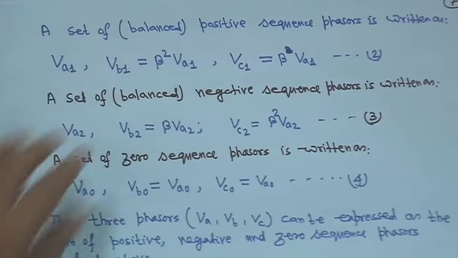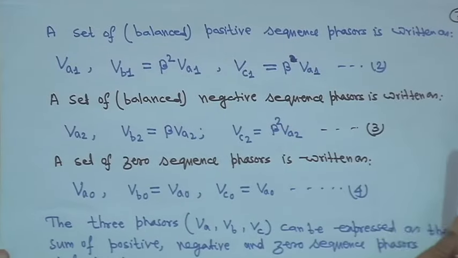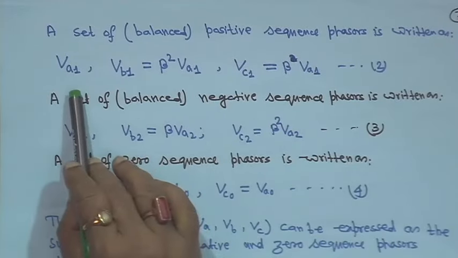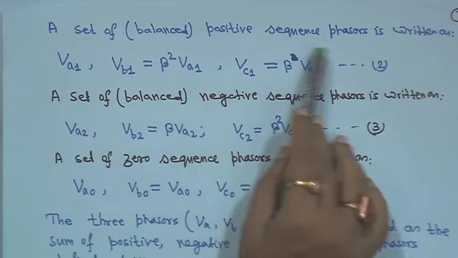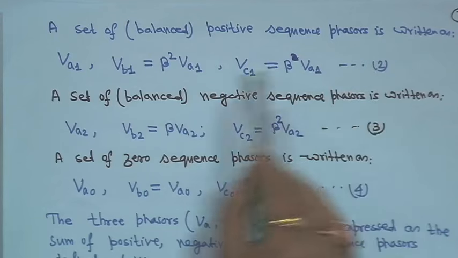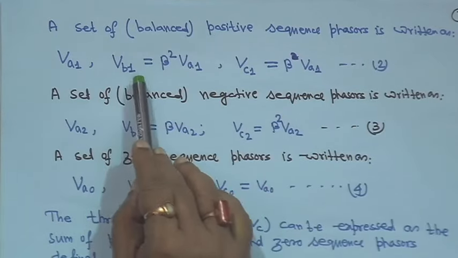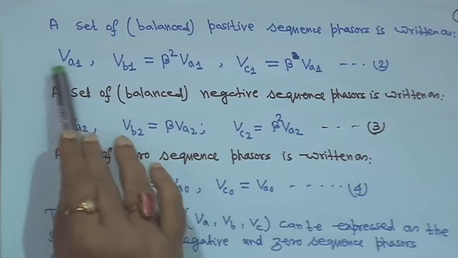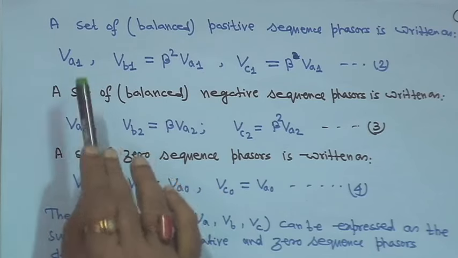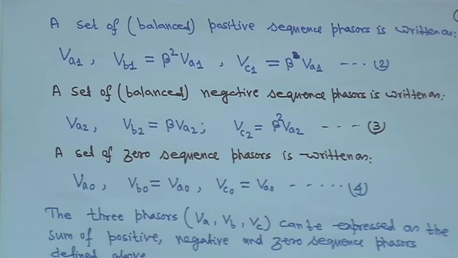A set of balanced positive sequence phasors. The way we have seen for the ABC sequence, here also this is a balanced positive sequence phasor and the sequence is ABC. So the way we wrote, we will write the same: Va1 is V1.